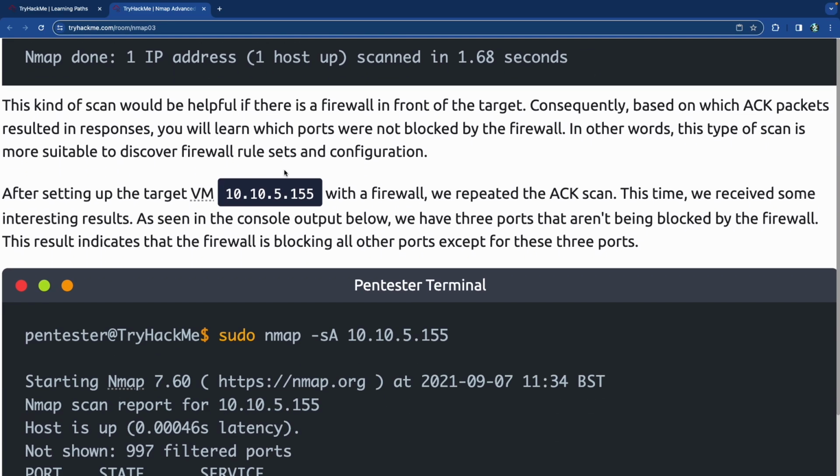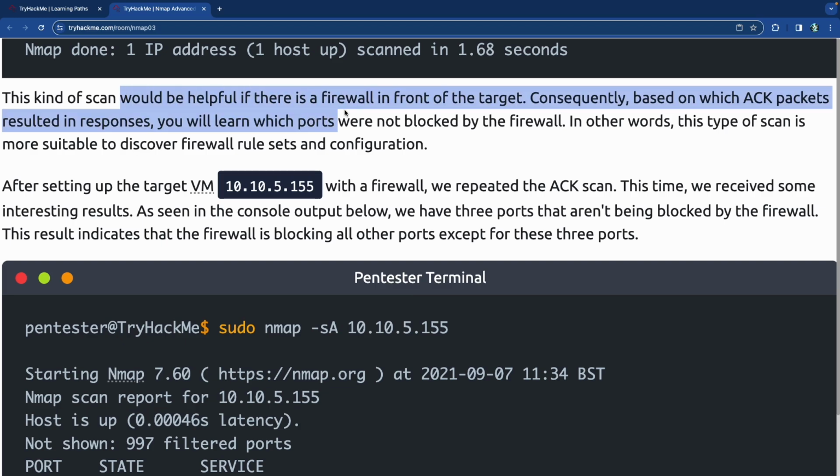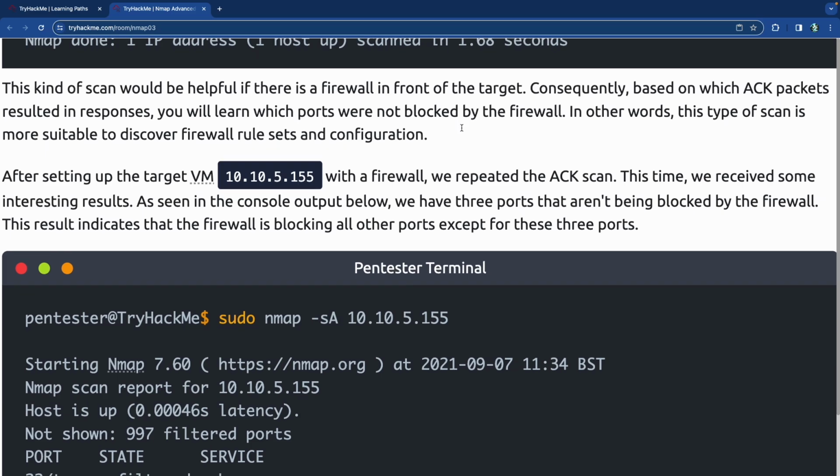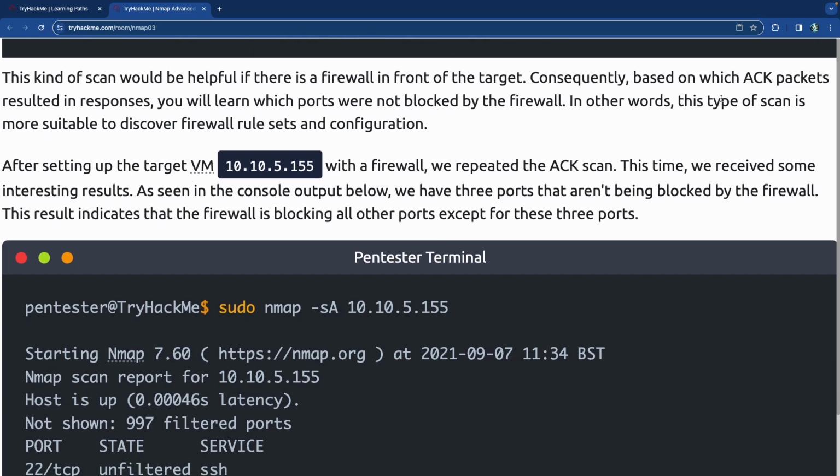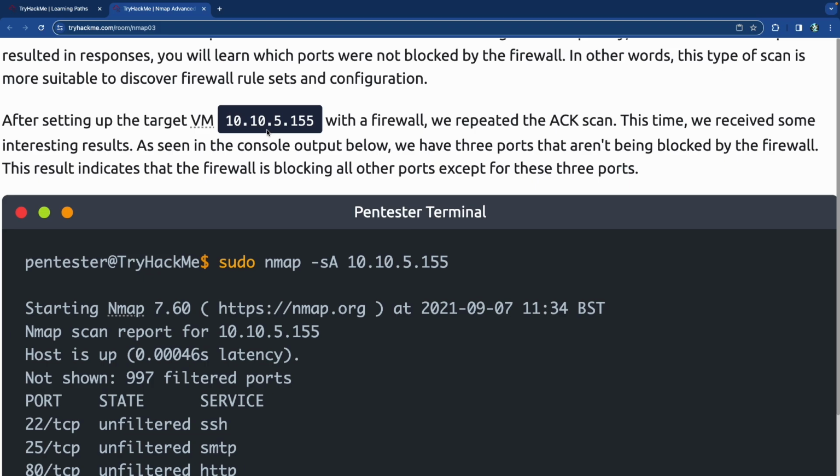The next one says this kind of scan would be helpful if there was a firewall in front of the target. Based on which ACK packets result in responses, you will learn which ports were not blocked by the firewall. In other words, this type of scan is more suitable to discover firewall rule sets and configuration. After setting up the target VM with the firewall, we repeated the acknowledge scan.